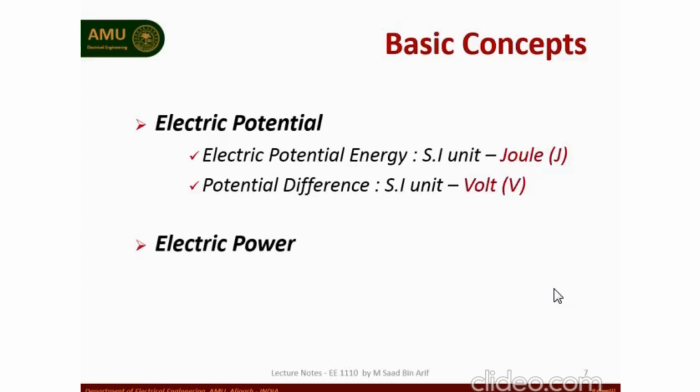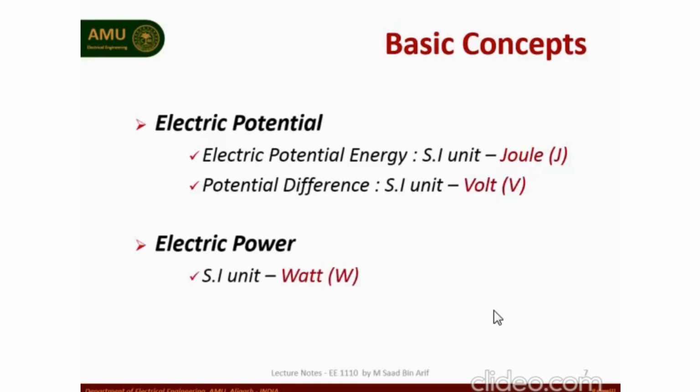In simple words, electrical power is the time rate of change of electrical energy. The SI unit of electric power is the watt, symbolically represented by W.